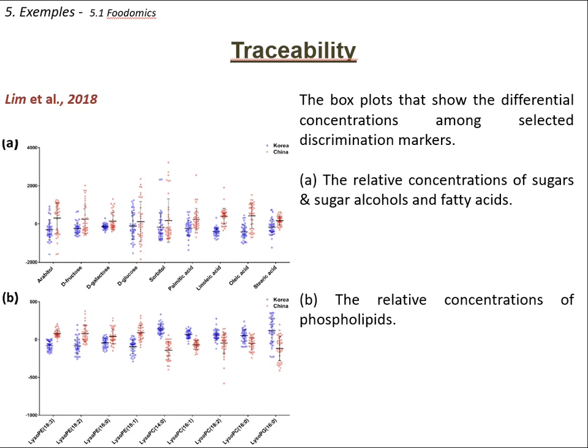And the other graph shows the relative concentration of phospholipids, and there you may have some interesting markers like lyso-PE 18:2. So this is the number of carbons and the number of unsaturations.